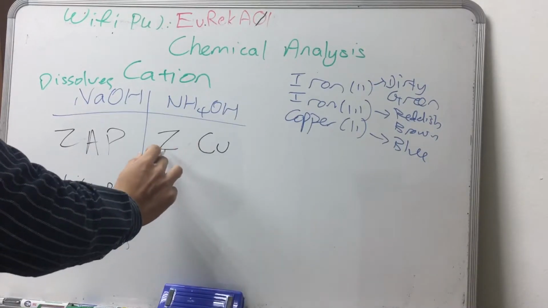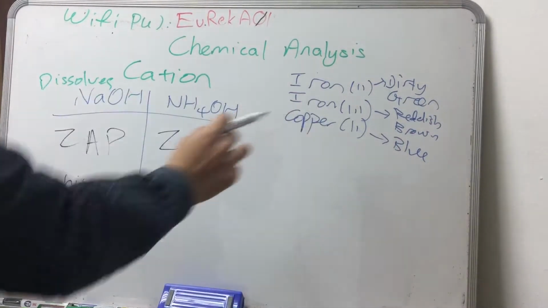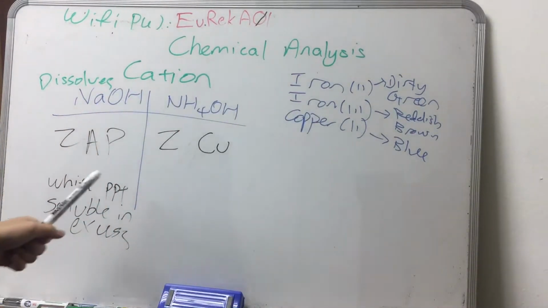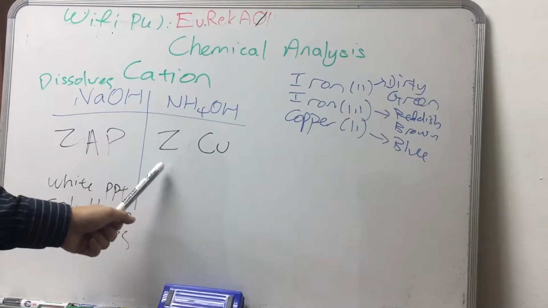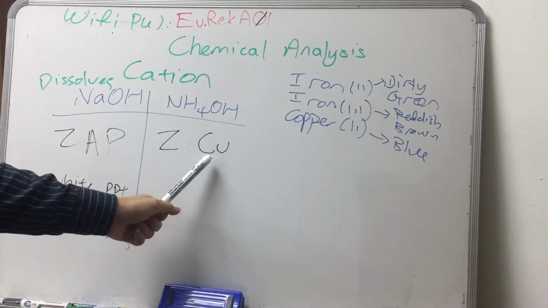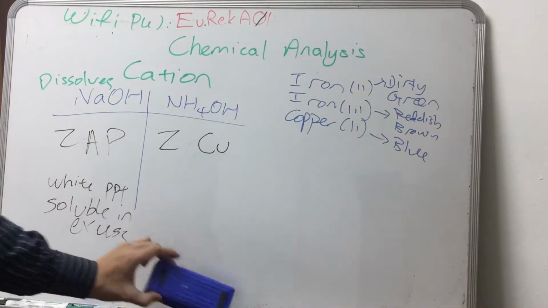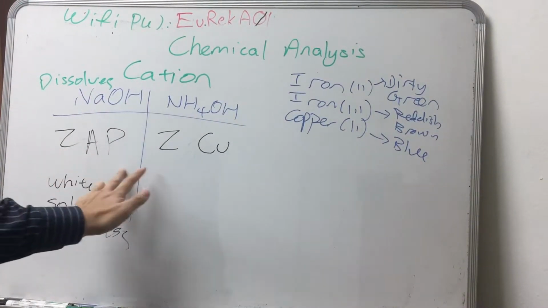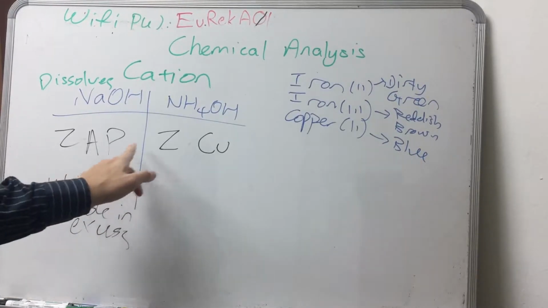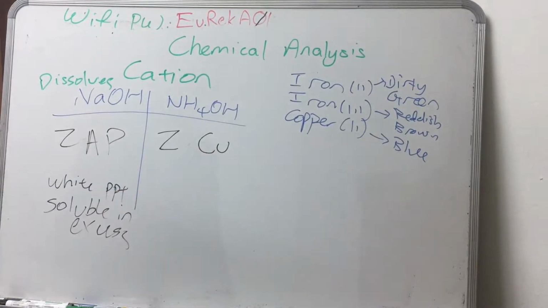Zinc, as always, is not a colored cation, so it will form a white PPT soluble in excess. Copper will form a blue PPT soluble in excess. So keywords to remember: ZEP, zebra crossing.